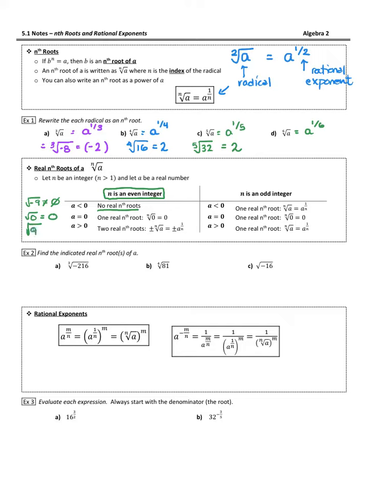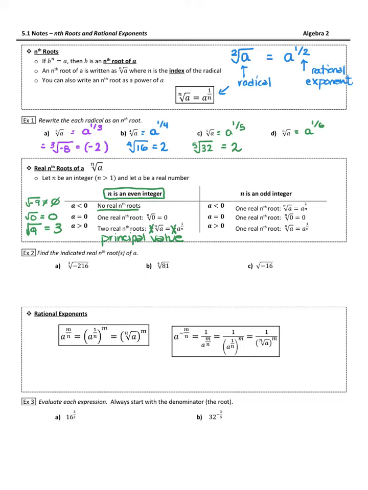Now here it is saying that you have a plus or minus. That's not going to be the case. We just want you to take out what's called the principal value, which would be the positive. So the square root of 9 is 3. It's a positive number. You don't have to do the plus or minus unless you're solving an equation. When you're simplifying, you just pull out the principal value.